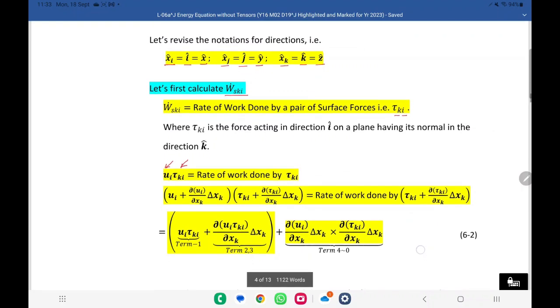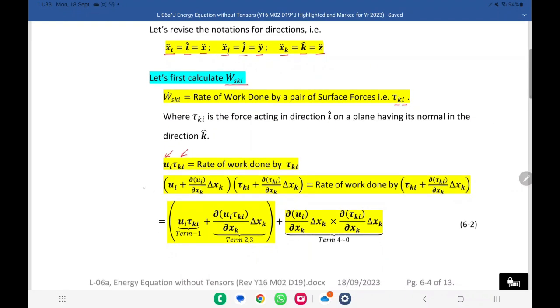Okay, so what you do, on the top plane, this is your top plane, the work done is you multiply the velocity in the x direction with the force in x direction. Okay, you get the rate of work done, and obviously it has to be multiplied by del y and del z.